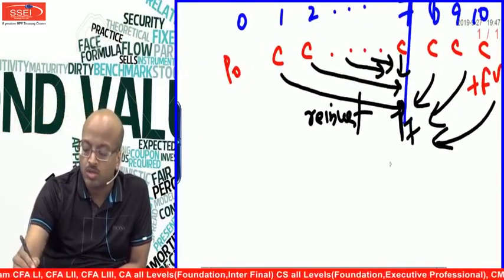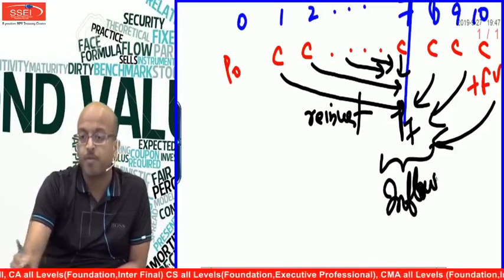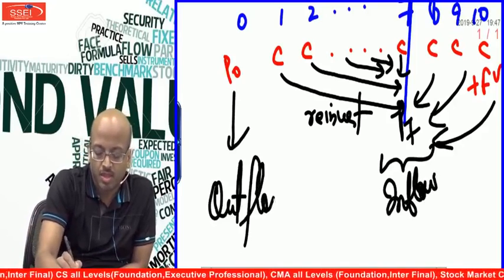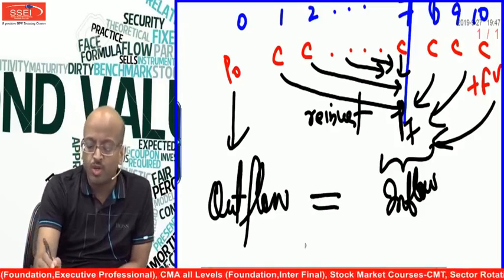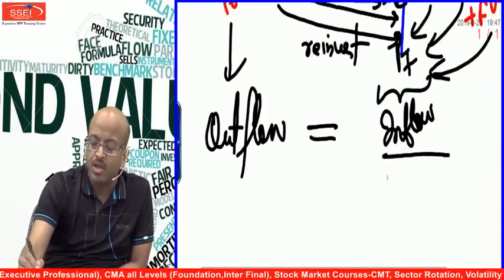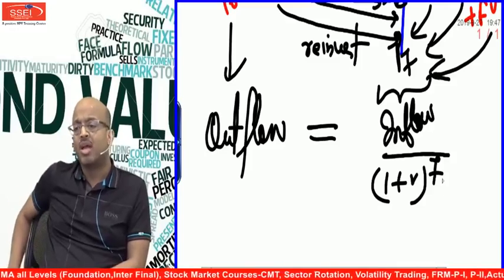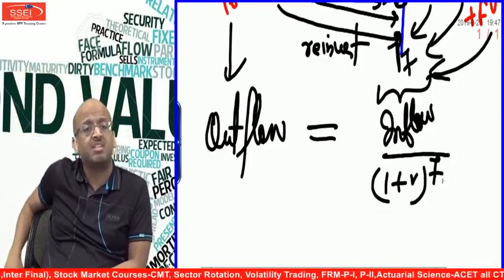So this is inflow, outflow. So outflow equal to inflow divided by (1 plus r) power 7. Beautiful. Okay, outflow, the P0, equal to the inflow divided by (1 plus r) power 7.